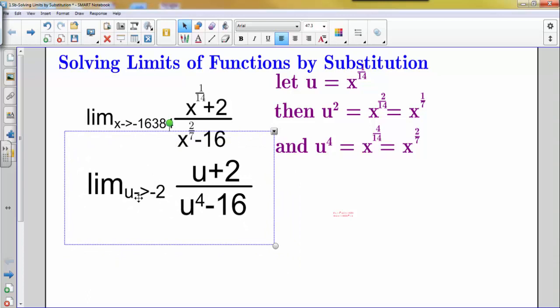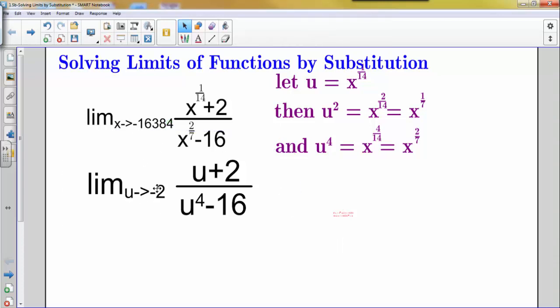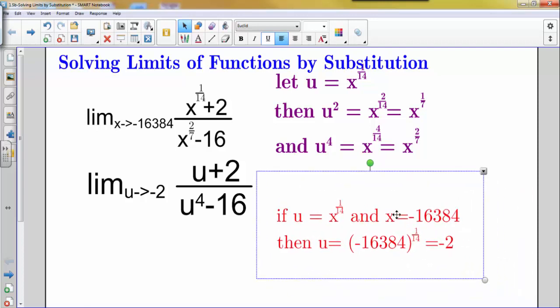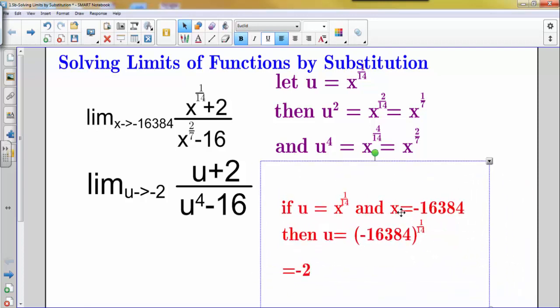Now the second part here though is I had x approaching -16,384. Obviously I can't have that here if I'm going to be dealing with expressions in terms of u. And so we have to determine how we're going to represent that instead.